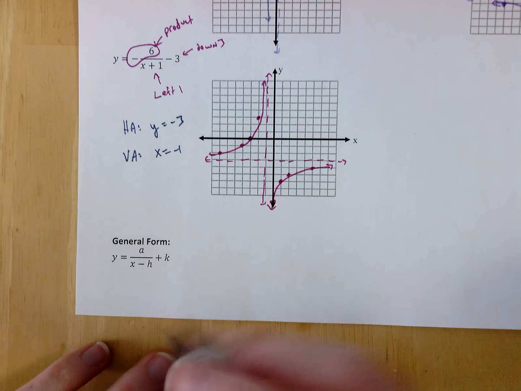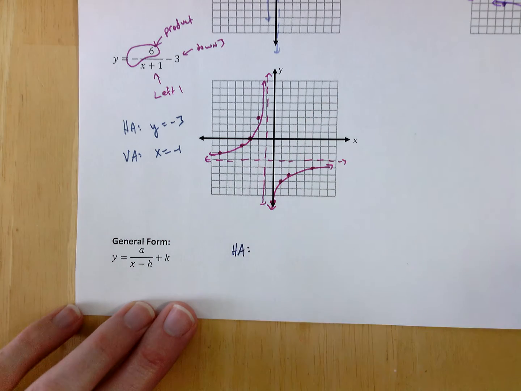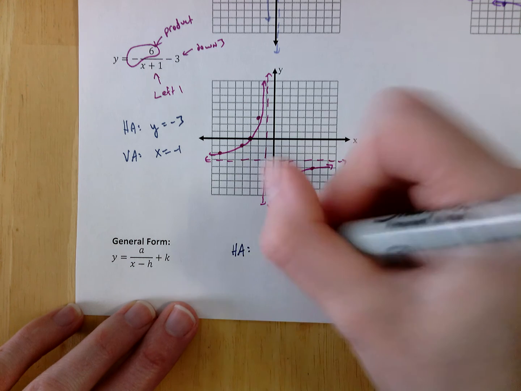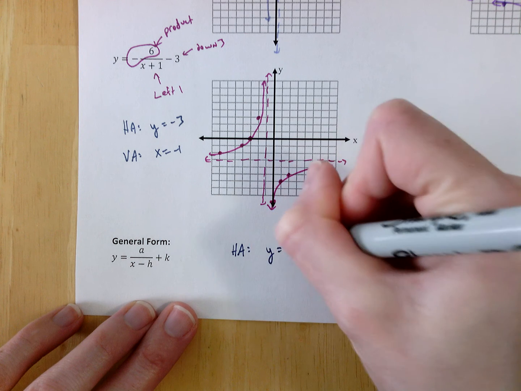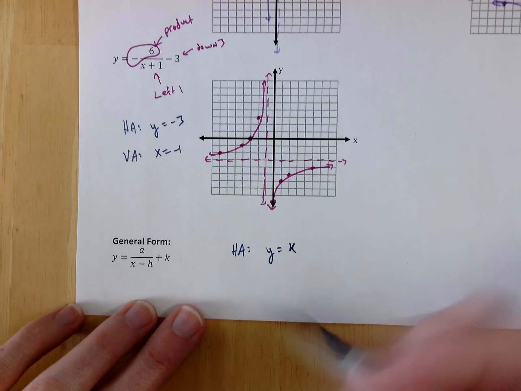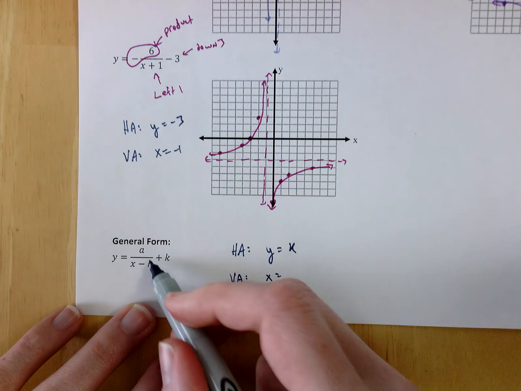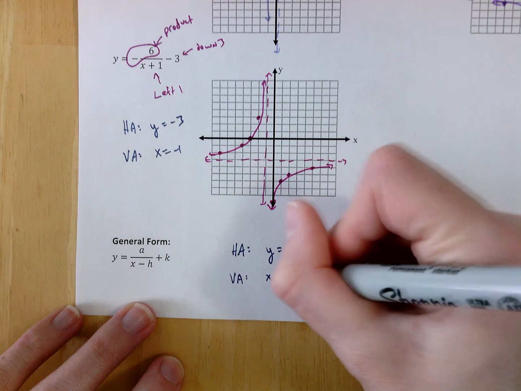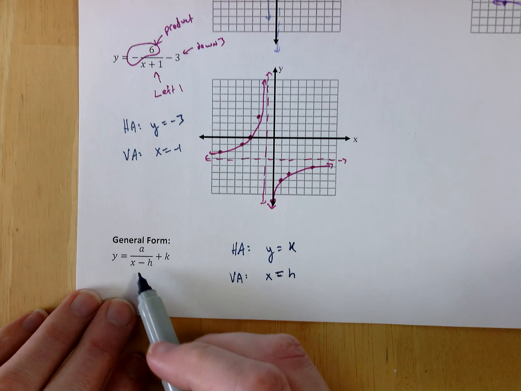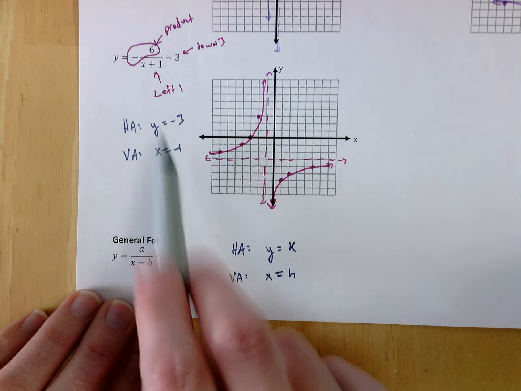So when you look at the generic form of what these look like, if you want to pull out your horizontal asymptote, it is always y equals whatever this k value is. Your vertical asymptote is always x equals whatever this h value is, with the understanding that the minus is built in, which is why it ends up being backwards of what it looks like in the equation.